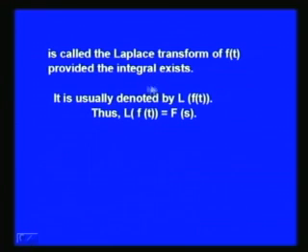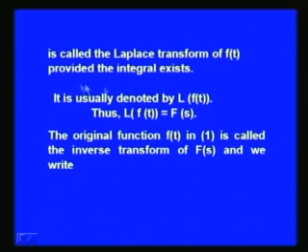We usually denote this integral by L{f(t)}. So, we get L{f(t)} equals F(s). This L means the Laplace transform of the function f(t). The original function f(t) in equation 1 is called the inverse transform of the function F(s), and we write f(t) equals L inverse of F(s).